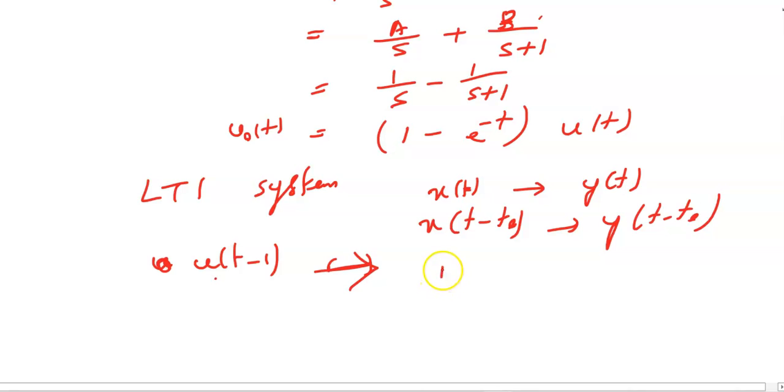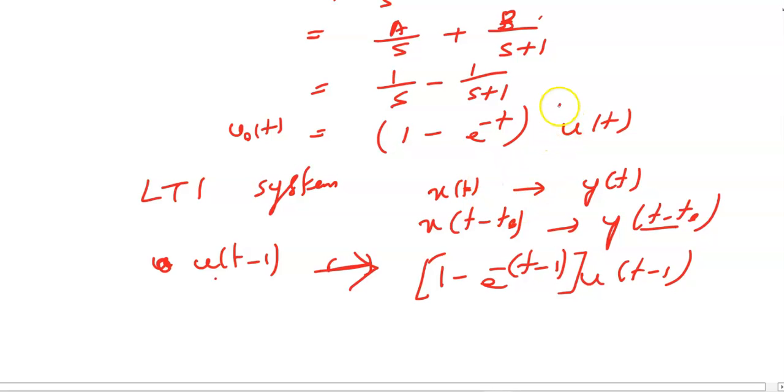Your output will be 1 minus e to the power minus (t minus 1), times u(t minus 1). That means this portion is a replica of the original portion, but it starts at t equal to 1, not before 1 or after 1, it just starts at 1.